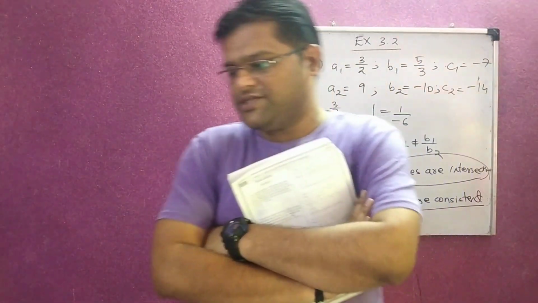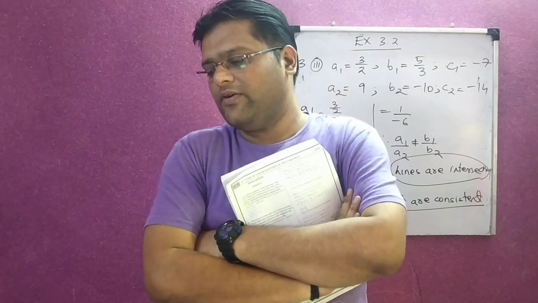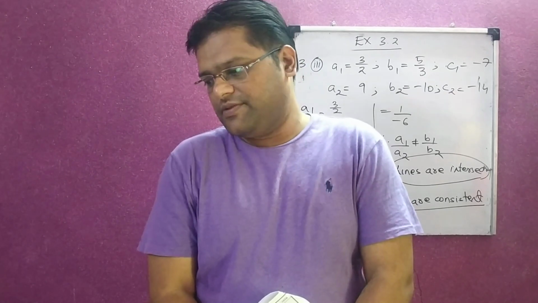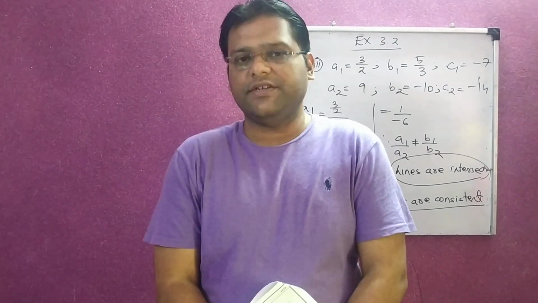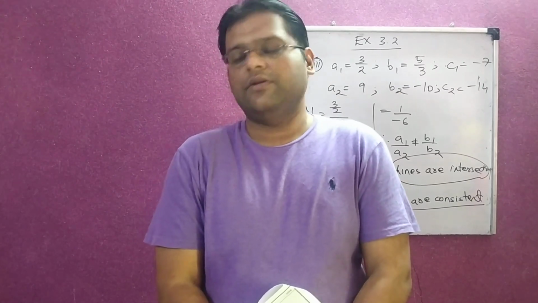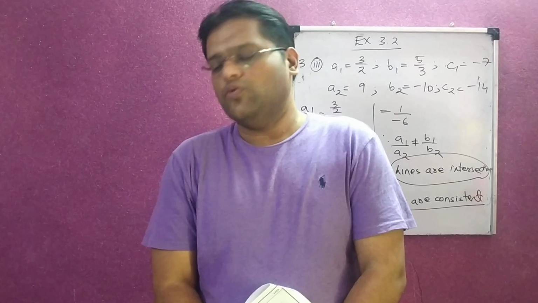Okay, question number 5. Half the perimeter of a rectangular garden whose length is 4 more than its width is 36 meter. Find the dimensions of the garden. Right? Half the perimeter of the rectangular garden whose length is 4 more than its width.